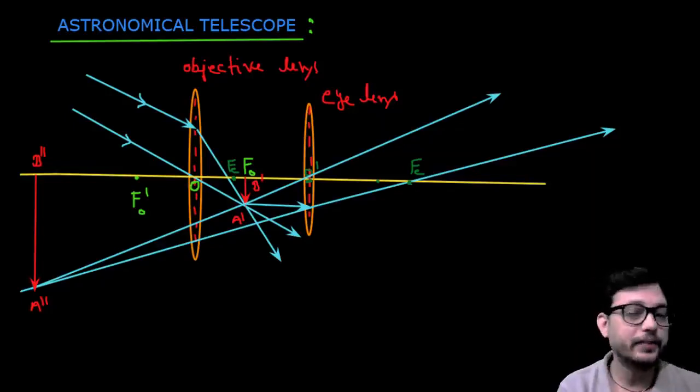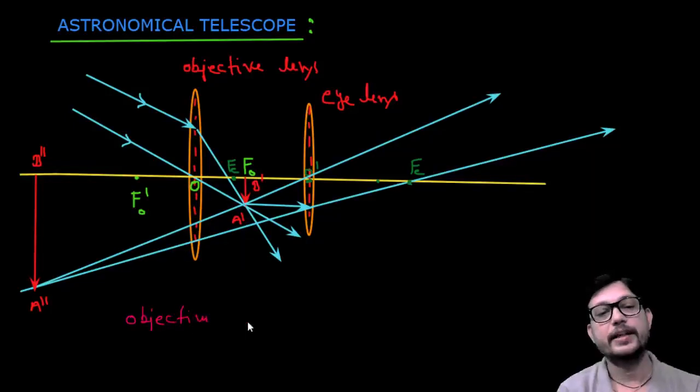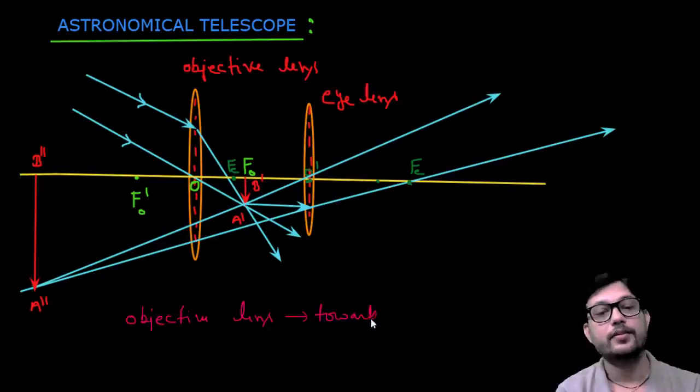So what is the objective lens? This is your objective lens, and it is towards the object side.